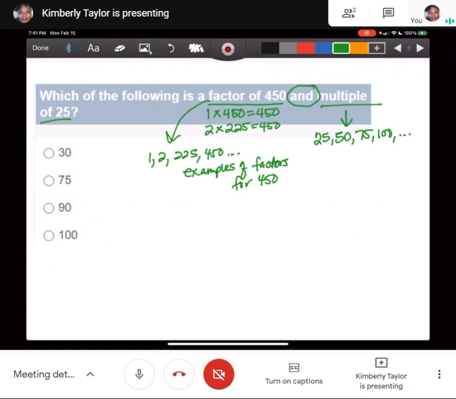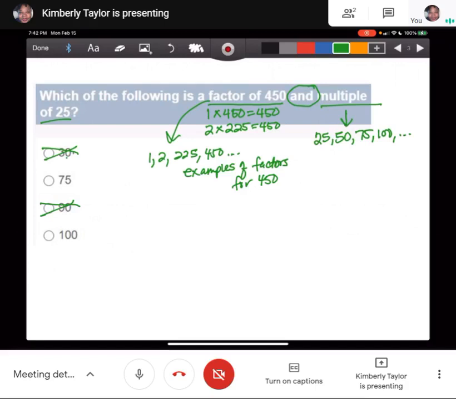So, anywho, when you're trying to answer this question, I would start out with the multiples of 25. Looking at your answer choices, we know that 30 is not a multiple of 25, so I can eliminate that answer. And 90 is not a multiple of 25, so I can eliminate that answer.